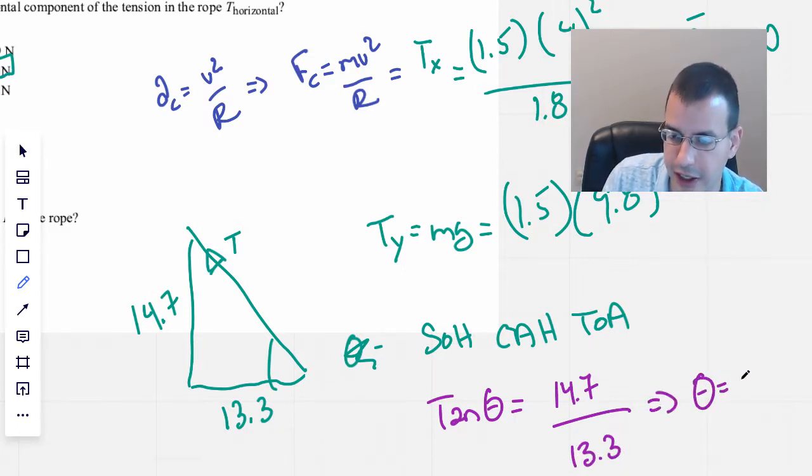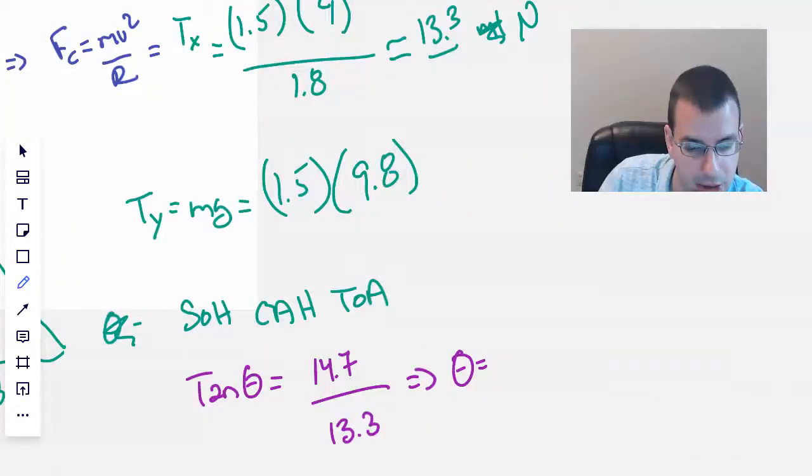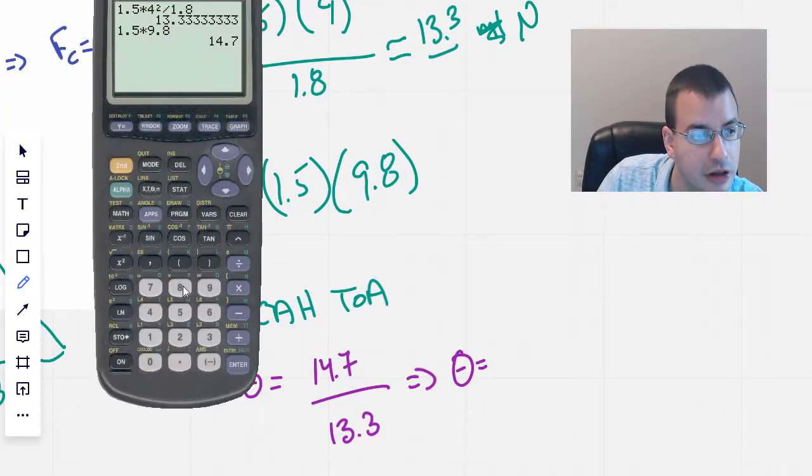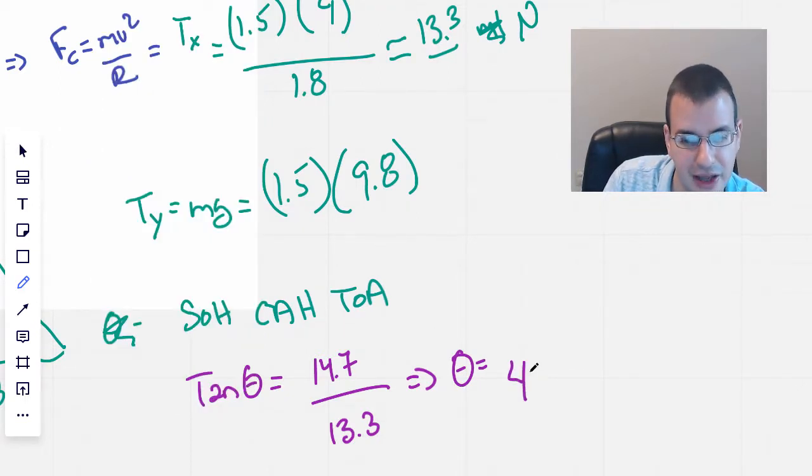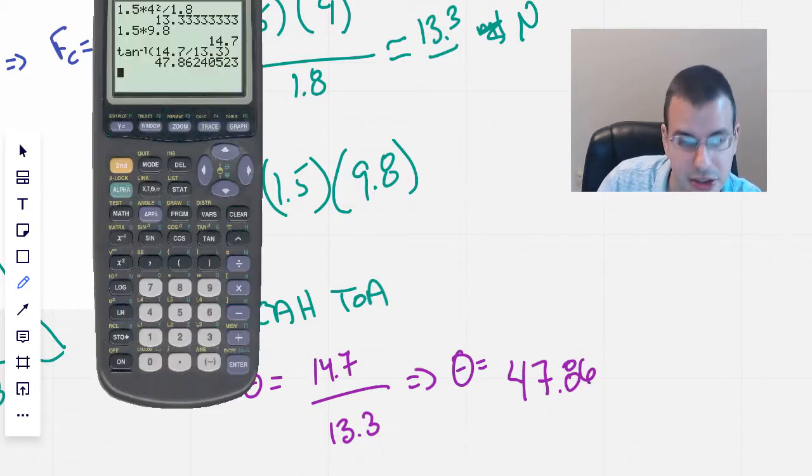Therefore, theta equals second arctangent of 14.7 divided by 13.3. I think I'm still in degrees. So I'm going to say 47.86.